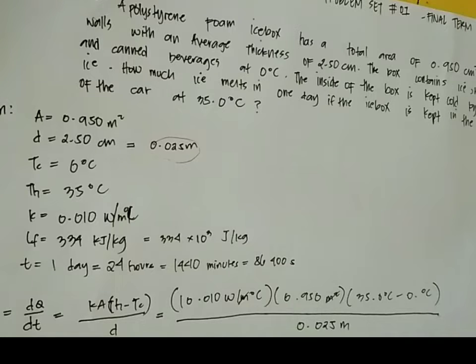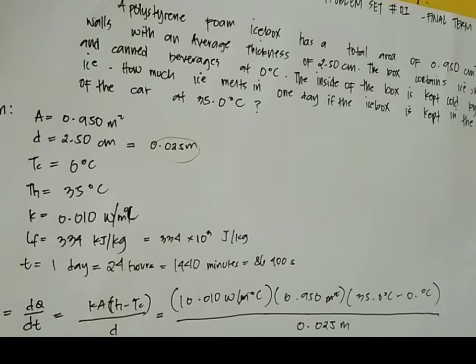0.010 watt per meter degree Celsius, and the latent heat of fusion is equal to 334 kJ per kilogram, which is equivalent to 334 times 10 cube, or 334 multiplied by 1000, which is 334,000 J per kilogram.